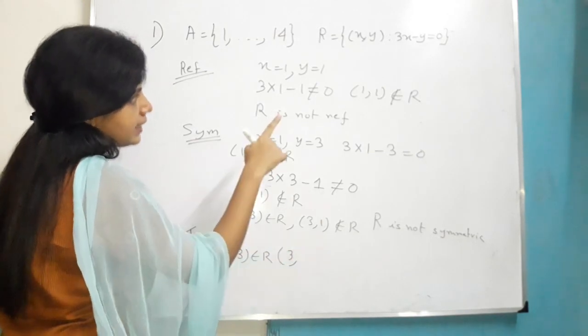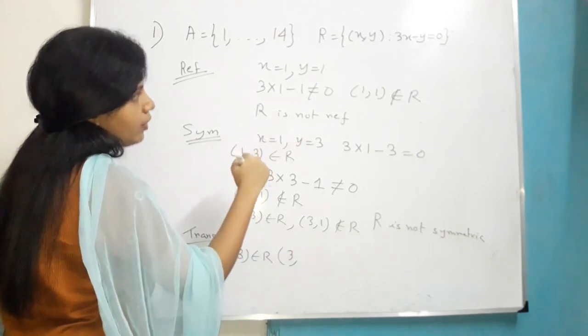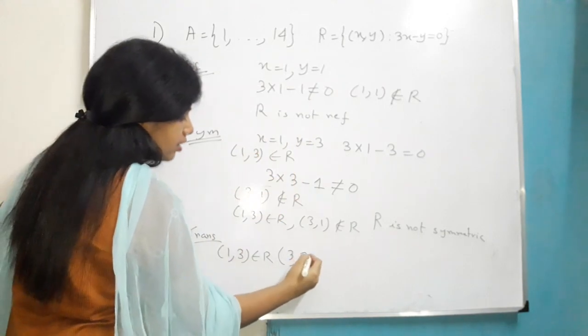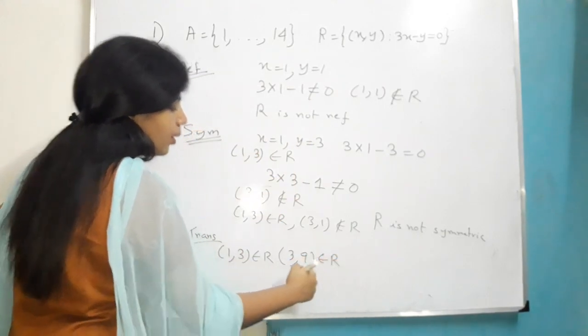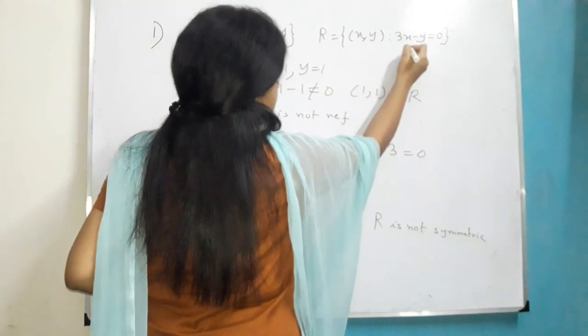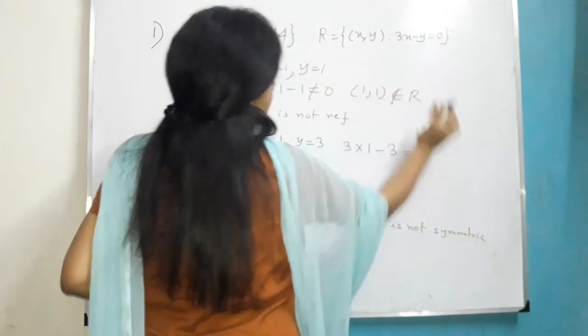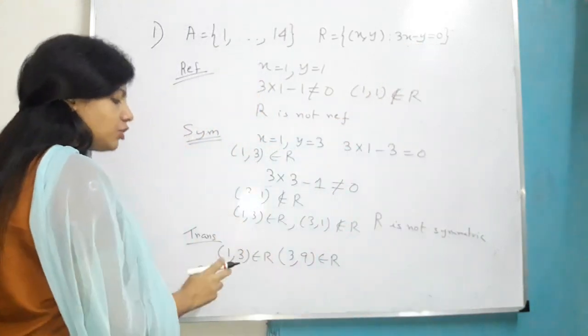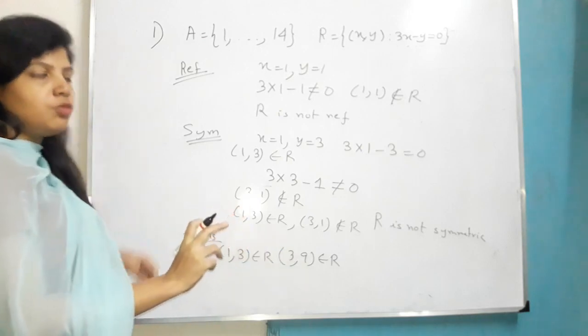If I take x as 3, then y will be 9. So (3, 9) belongs to R, because 3 times 3 is 9, 9 minus 9 equals 0. Okay, so (1, 3) belongs to R, (3, 9) belongs to R.